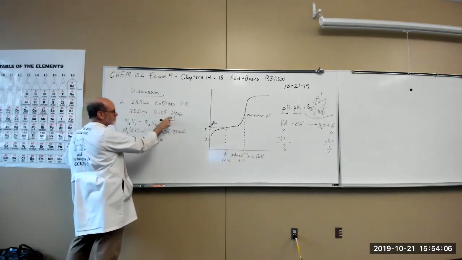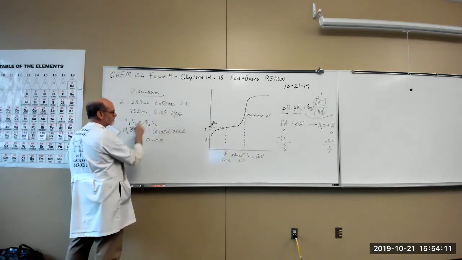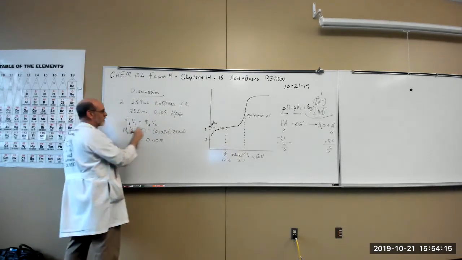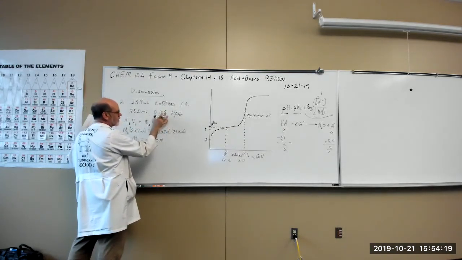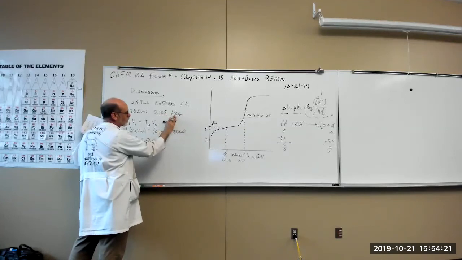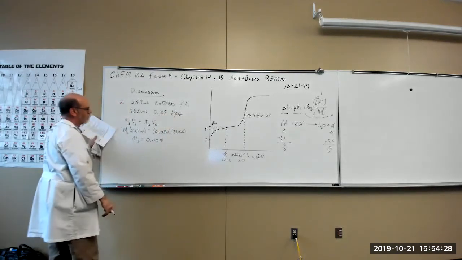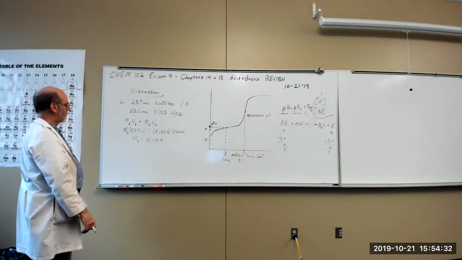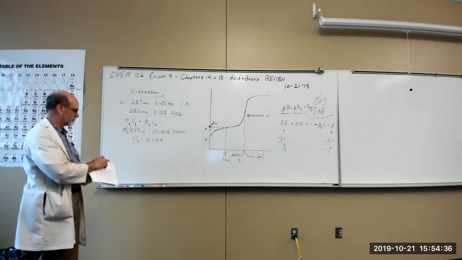But here, the normality of this acid would be twice, right? Because the molarity of the acid produces, in the first case, 1 proton, but in the second case, 2 protons. So the normality would be twice that. And then you could plug it into your expression.